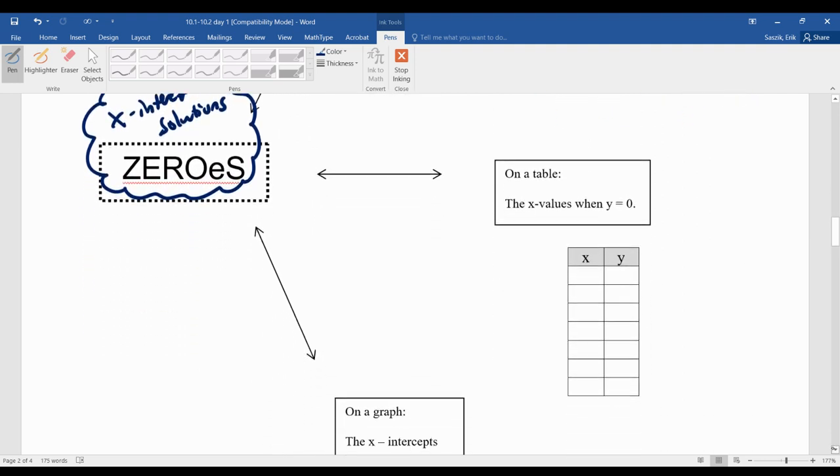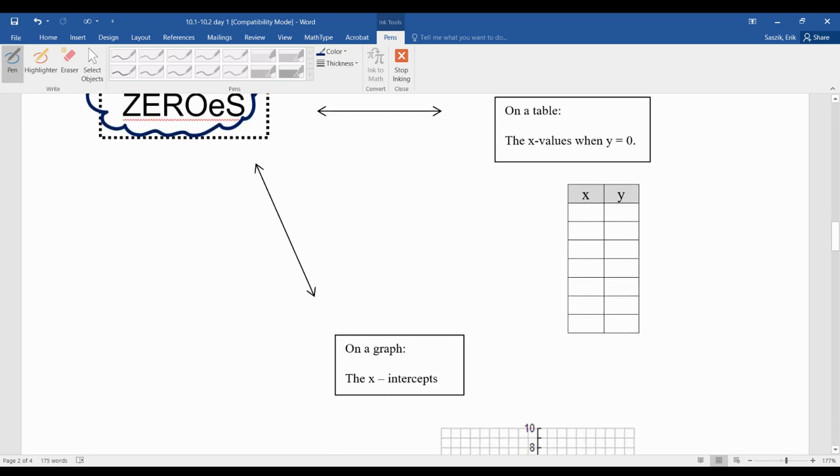This next one's going to be from a table. So let's say I had these values, x: -4, -3, -2, -1, 0, 1, 2, and here y: 5, 0, -3, -4, -3, 0, 5.